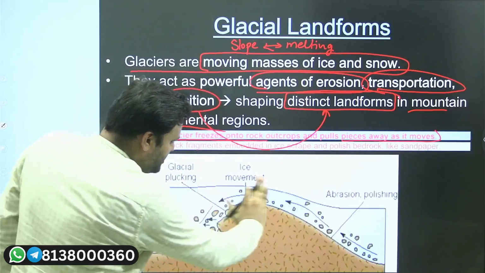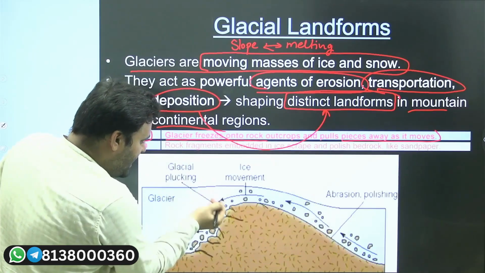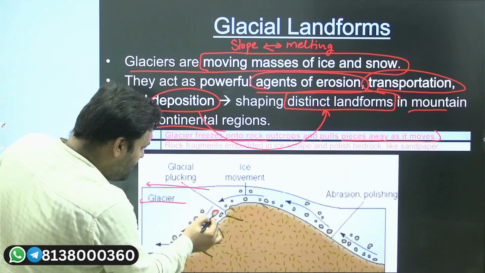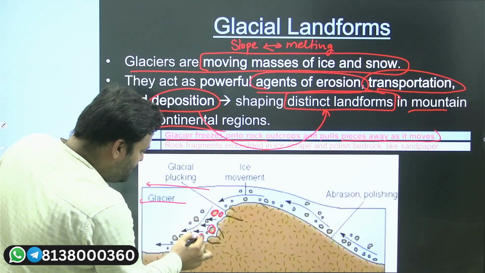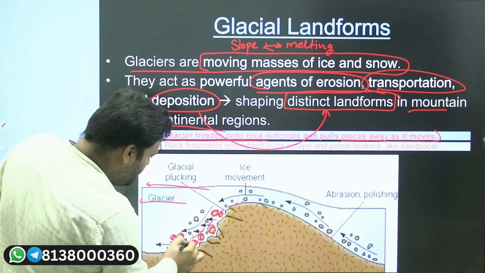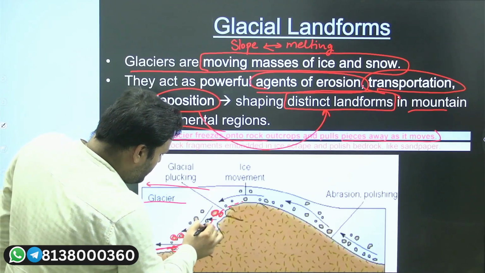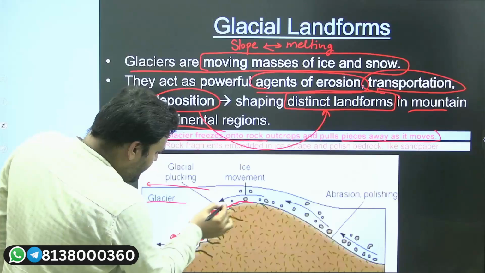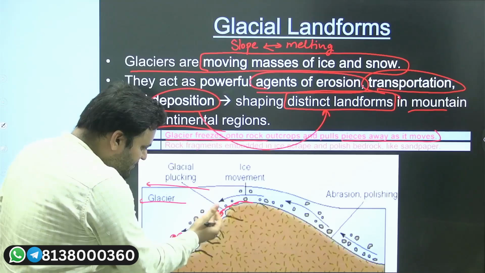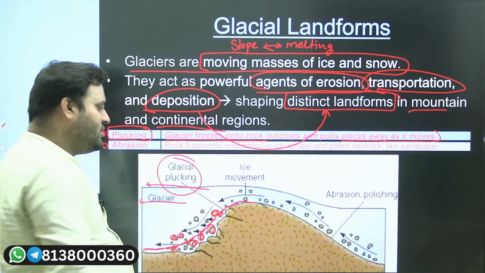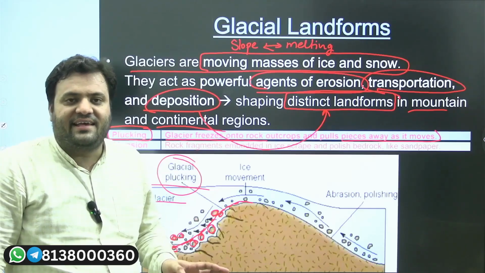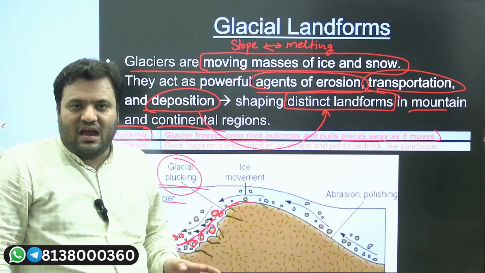Suppose we have an ice sheet here, and when this ice sheet is moving like this, it leads to the removal of rock debris, the rock which used to be a part of this particular slope of the mountain. Because of the glacial action, because of the movement of ice, that removal will be known as plucking, similar to the hydraulic action of water.